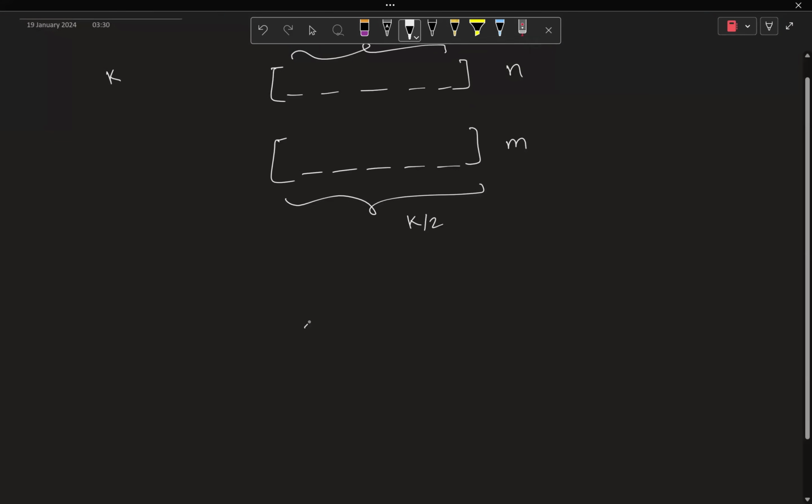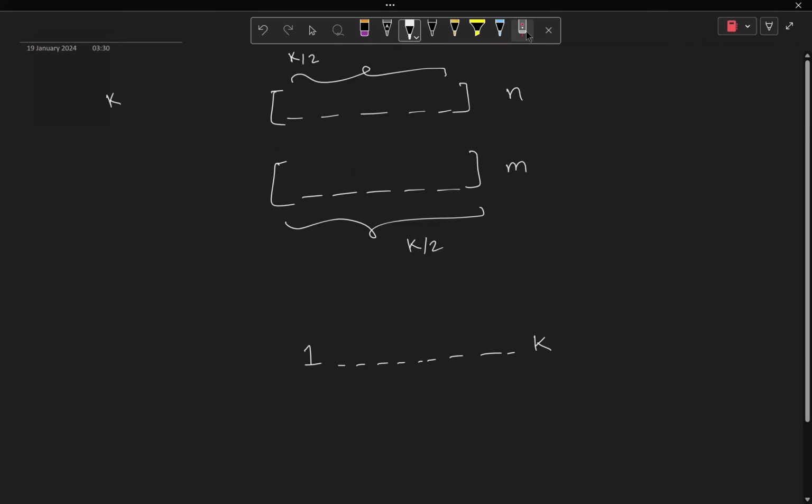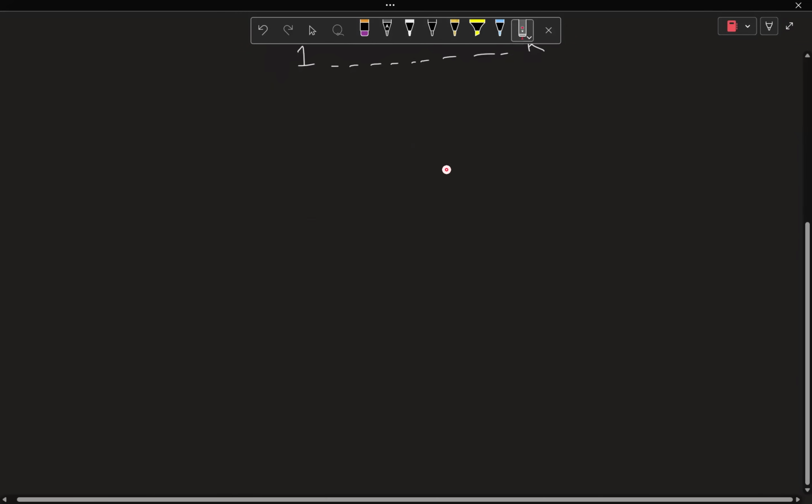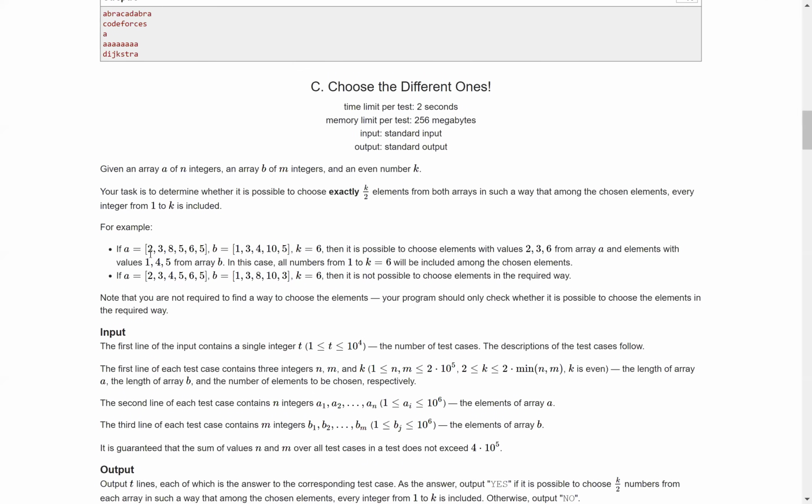We want to choose these elements in such a way that all the integers from 1 to k should be included in these total k elements I chose. Like k by 2 plus k by 2 is just k number of elements in total, which I chose from these two arrays. And then there is an example given to us for more clarity.